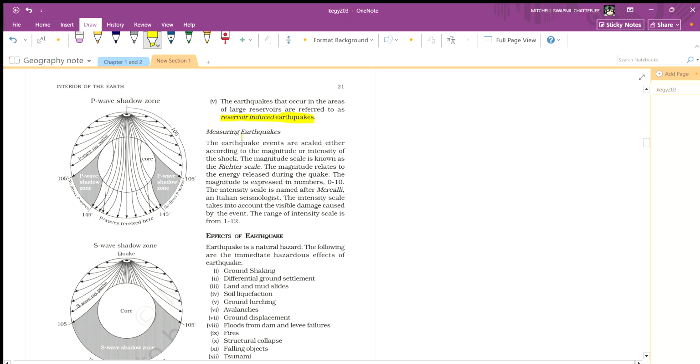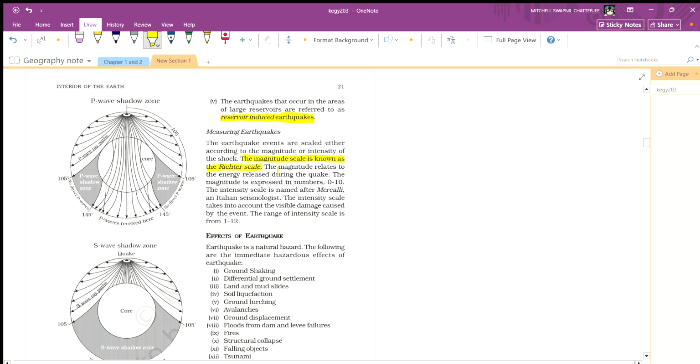Measuring earthquakes. The earthquake events are scaled either according to the magnitude or the intensity of the shock. The magnitude scale is known as the Richter scale.